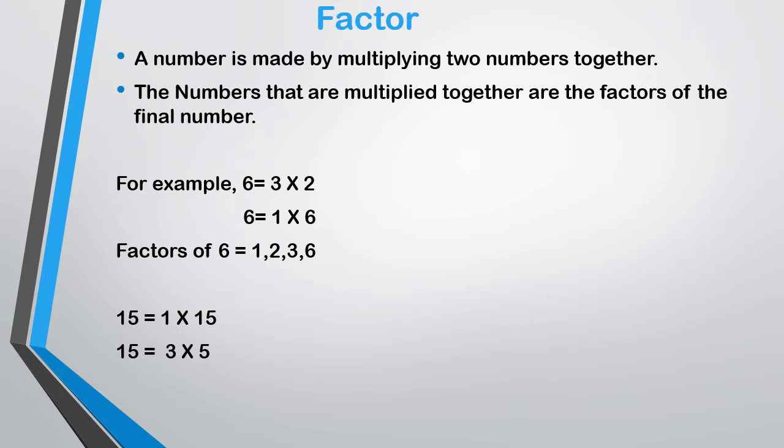And also 15 comes in the 5 table: 5 threes are 15. So the factors of 15 are 1, 3, 5, 15, because 15 comes in all these multiplication tables. So this is the method to find the factors.